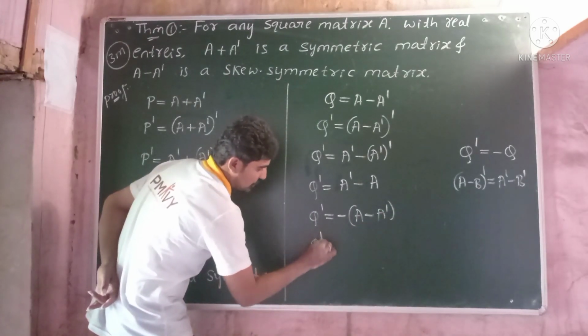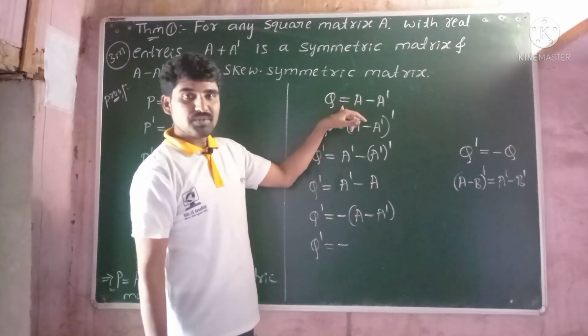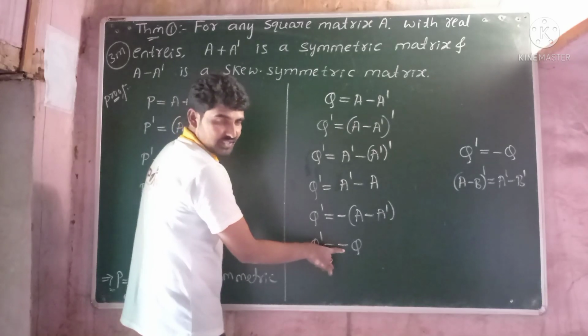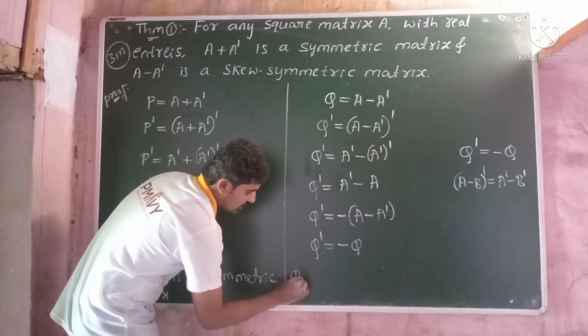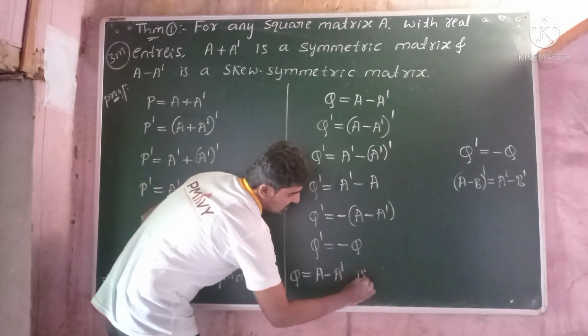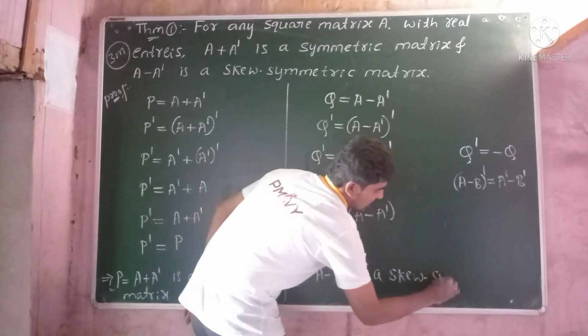Therefore, Q dash is equals to minus A minus A dash, and that we defined as Q. Hence, Q dash is equals to minus Q. Therefore, Q is equals to A minus A dash is a skew symmetric matrix.